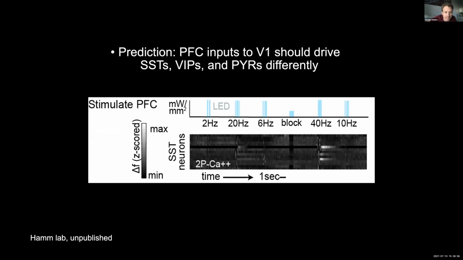So the idea was to stimulate PFC inputs to V1 at different frequencies, holding the overall illumination power constant for brief bursts of 1 second, and then image neurons in V1. So we're driving PFC inputs to V1 and measuring V1 neurons of different subtypes.